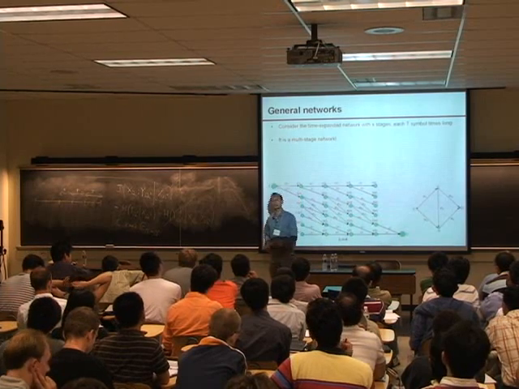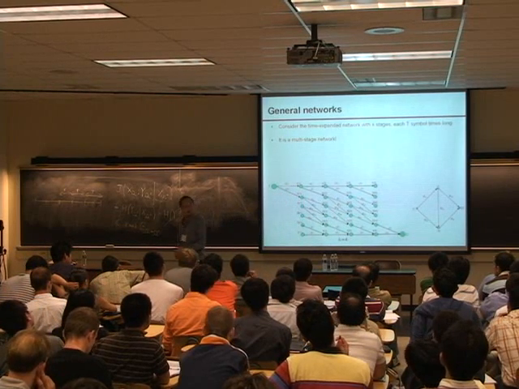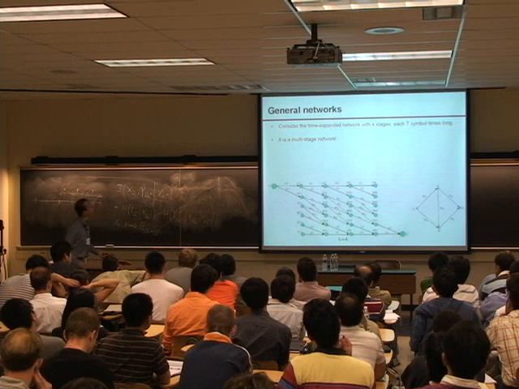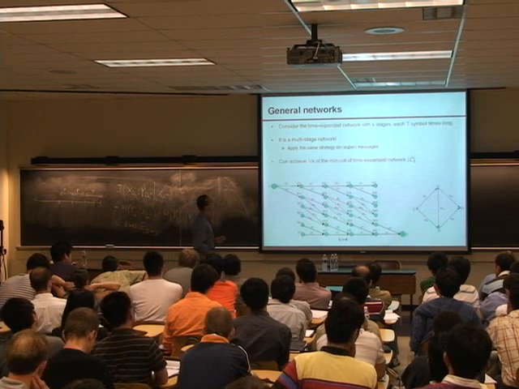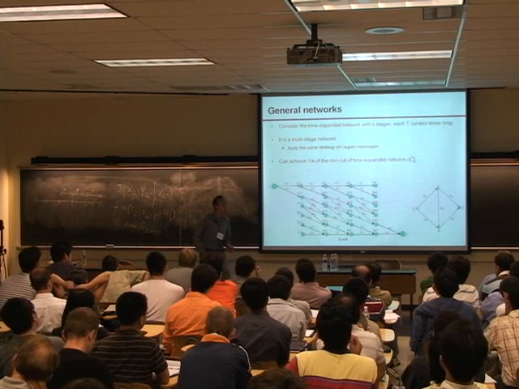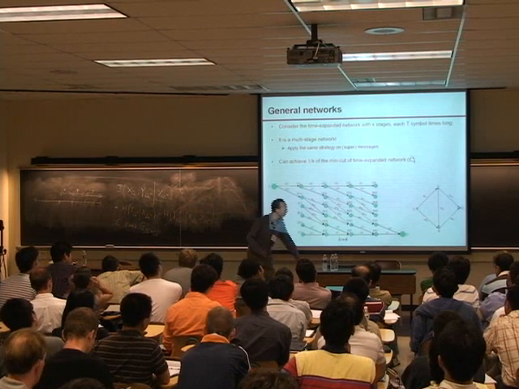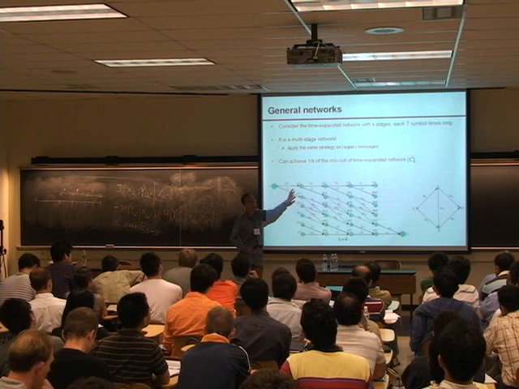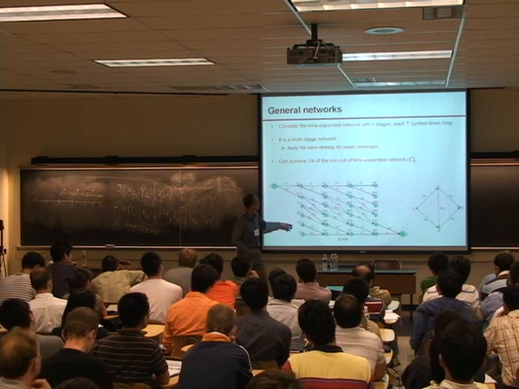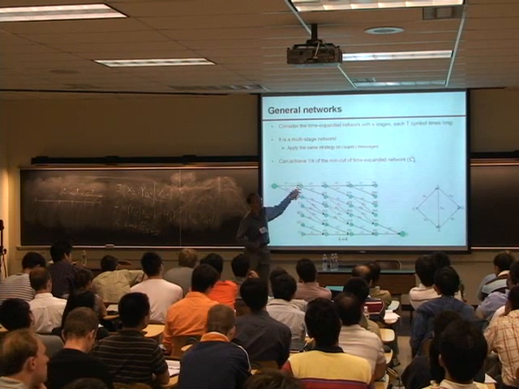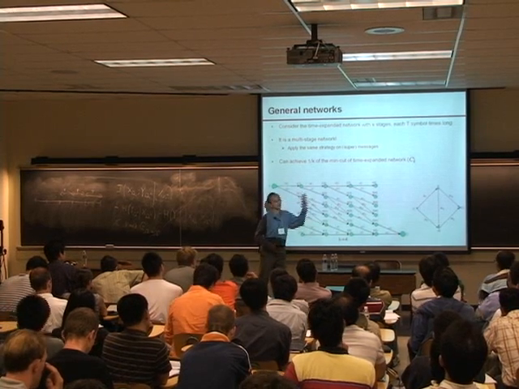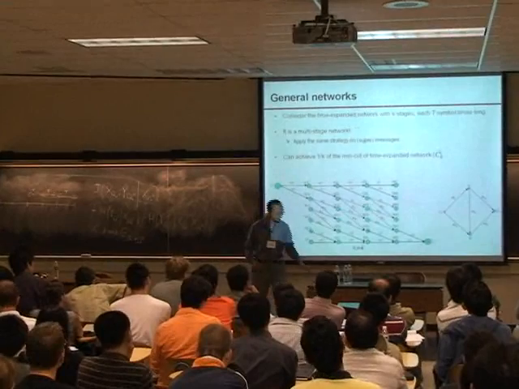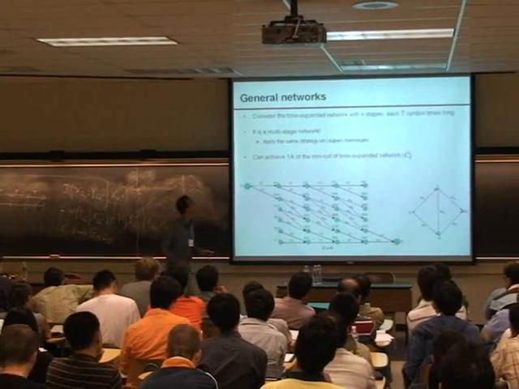So now I can apply the analysis we did earlier for equal length stage networks to this network, but now on the super message level. And we can show that we can achieve the min cut of this network. Of course, you have to normalize by 1 over k to get the right bit rate, but essentially it's achieving 1 over k of the min cut of this time expanded network. So this is based on our earlier result.